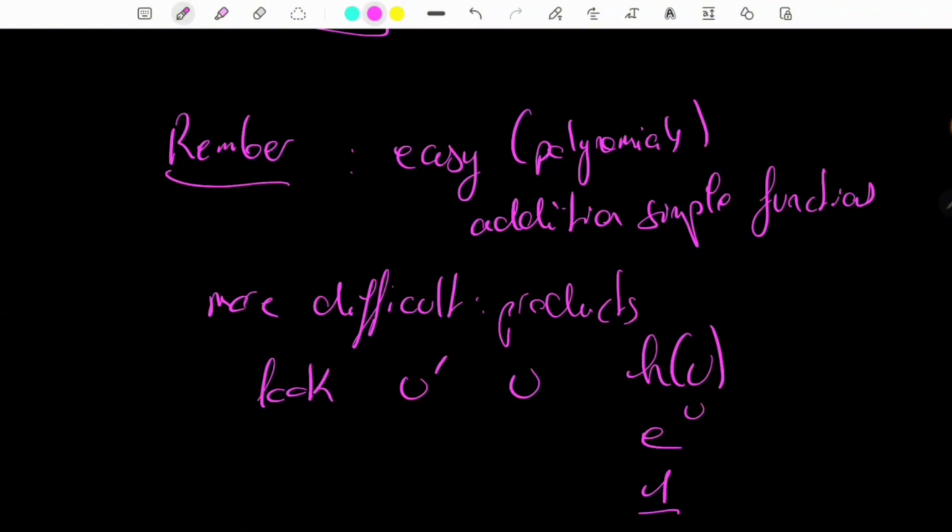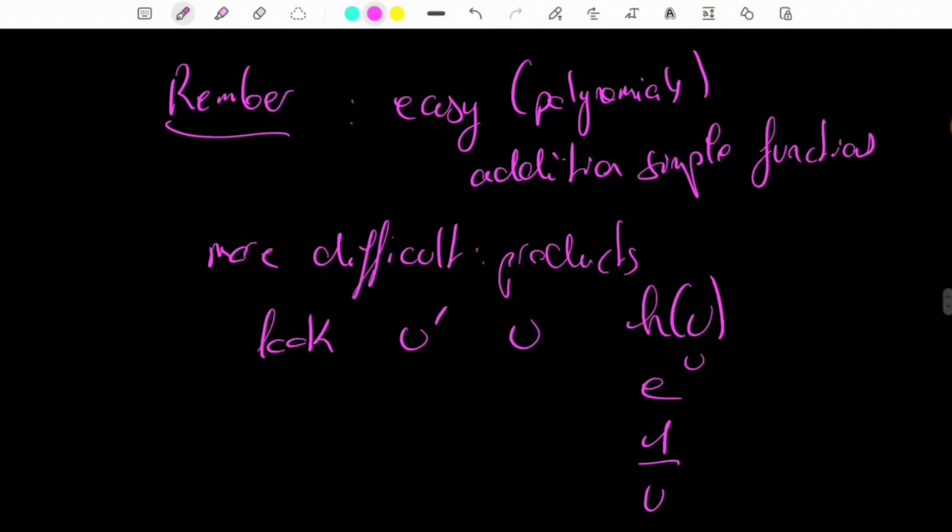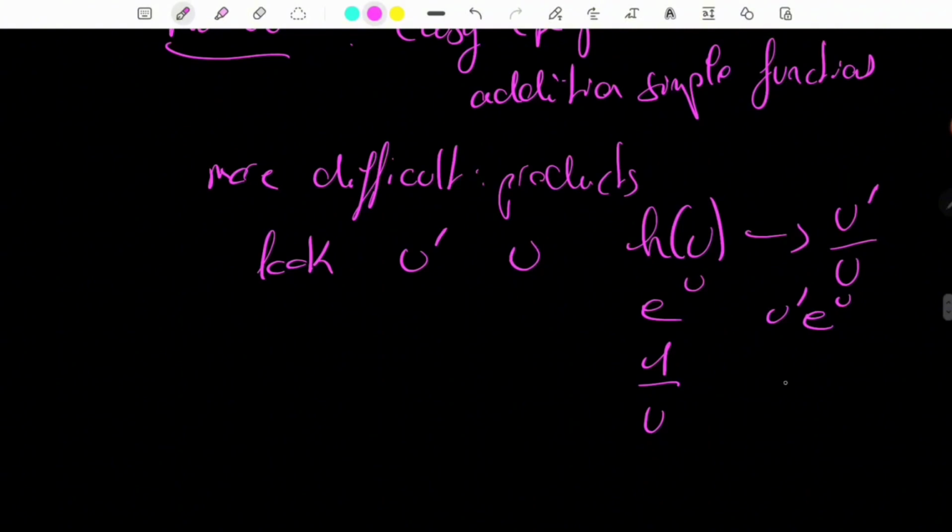What is more difficult is, for instance, products of functions and quotients of functions, and you have to look for something that looks like u prime or u, which you can simplify using the compositions of functions you know: logarithm of u, which has as derivative u prime over u; exponential of u, with u prime exponential of u; and 1 over u, with minus u prime over u squared. You have to look for this kind of form and just solve the equation.